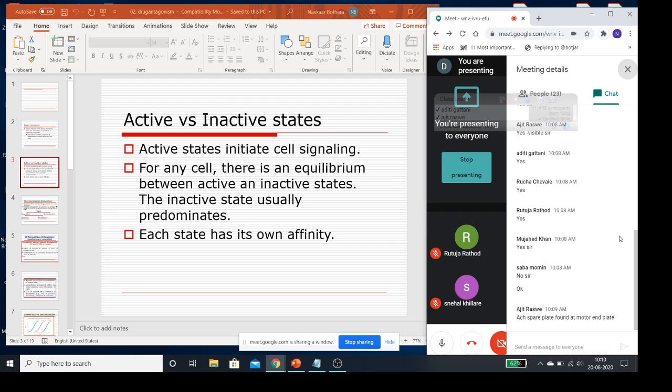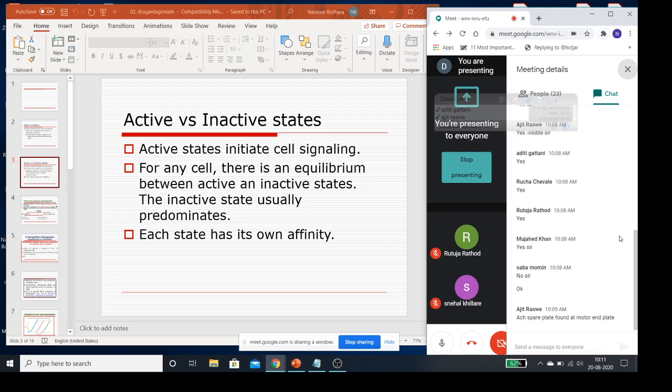Now there are many concepts behind this, that there can be drugs which act as non-competitive antagonists, which bind to the receptor and keep it in the inactive state. Are you getting this concept?